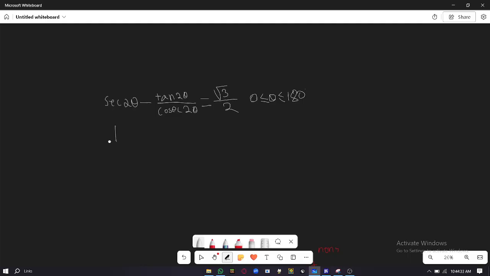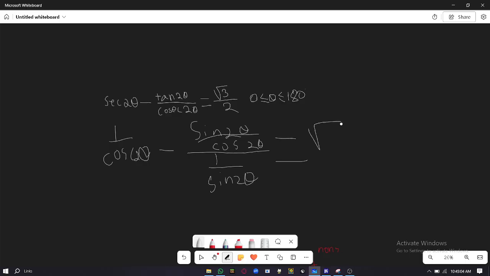Secant is 1 over cosine, so 1 over cosine 2 theta minus tan, which is sine 2 theta by cosine 2 theta. Cosecant is 1 by sine 2 theta, right? This equals root 3 by 2.